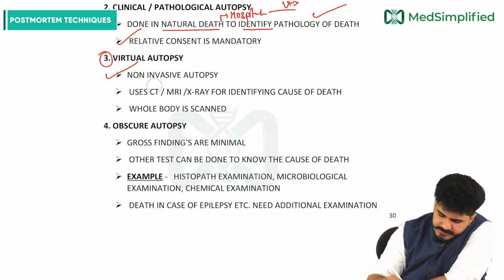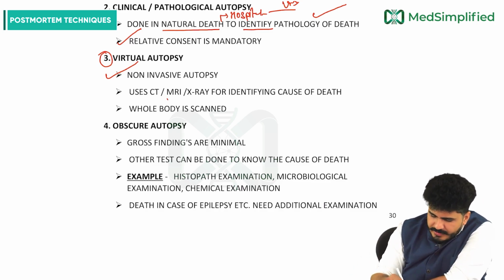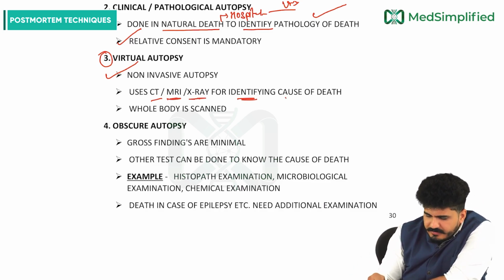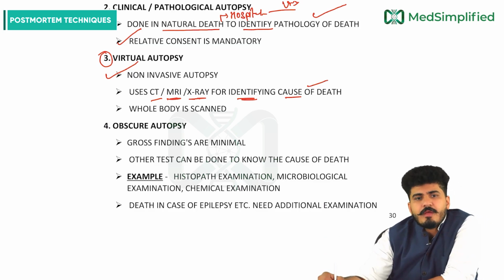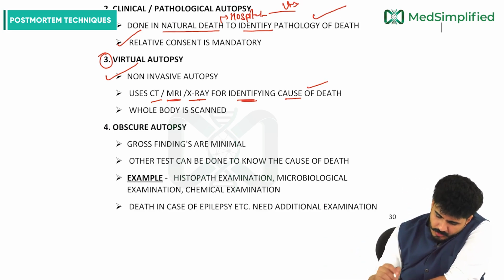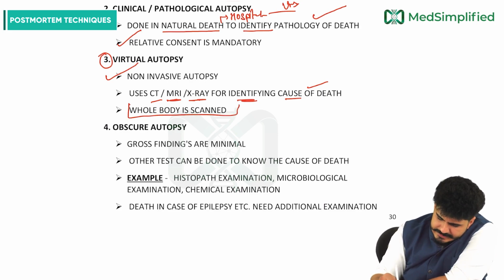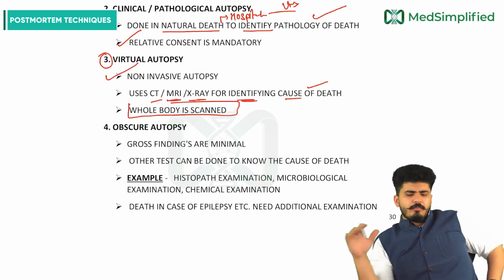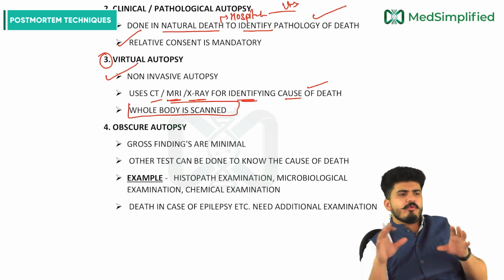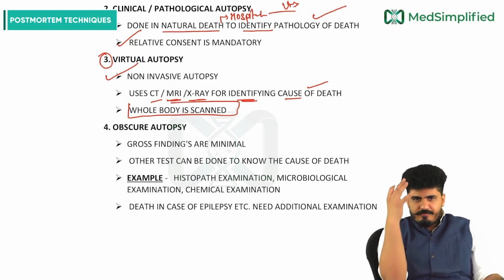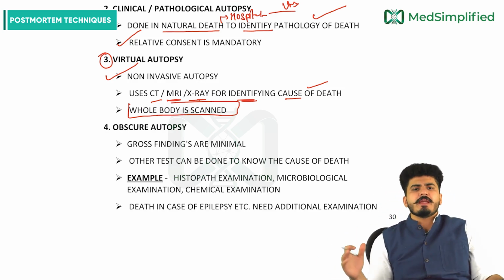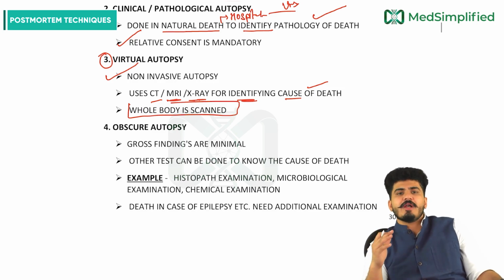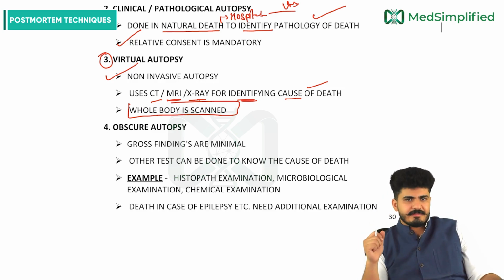You can use a CT scan, an MRI, an X-ray to identify the cause of death. For example, a whole body scan with the help of CT scan, MRI, whatever things are necessary, we scan the whole body, and this type of autopsy is called a virtual autopsy, my dear friends.